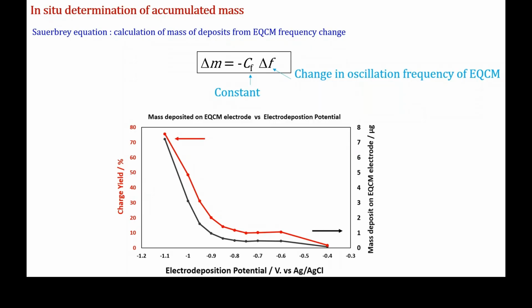And then it takes us all the way up to about minus 0.9 volts before we start to have some appreciable deposition. So if we know the amount of mass that's been deposited, we'll know what fraction of current went to nickel reduction in this particular case.